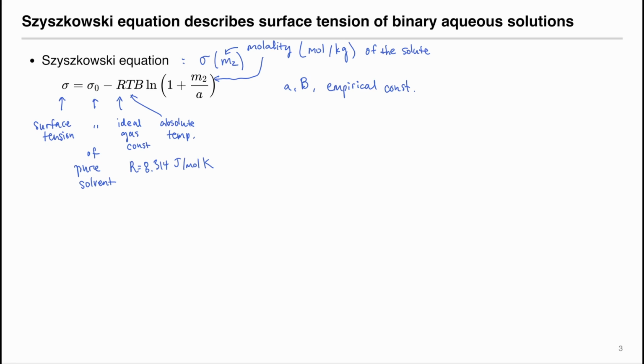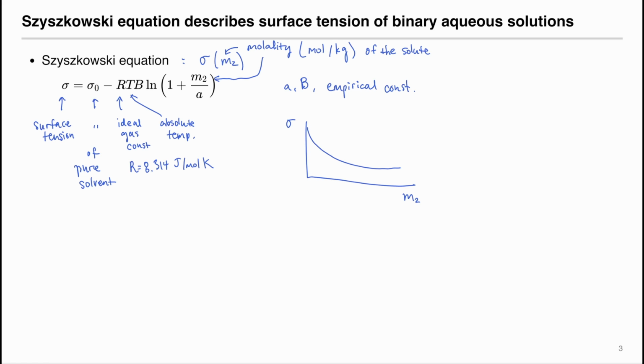And we graph the Szyszkowski equation, where on the x-axis we have the molality of the solute. On the y-axis we have the surface tension. Then we'll see a trend like this, where at lower concentration, in this range, we see a big drop in the surface tension.